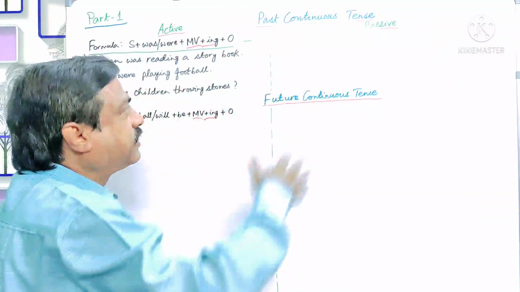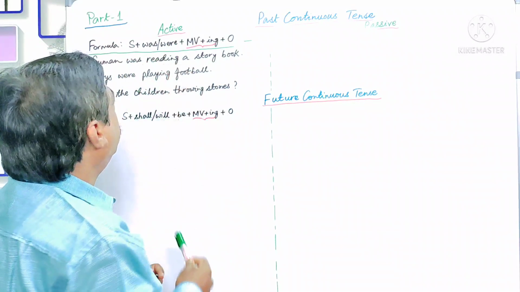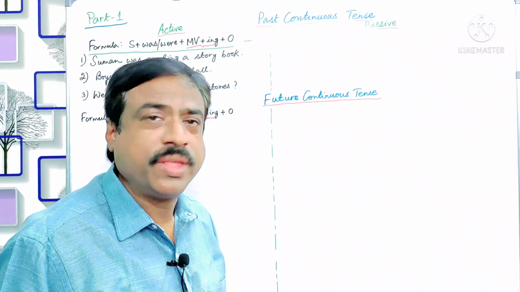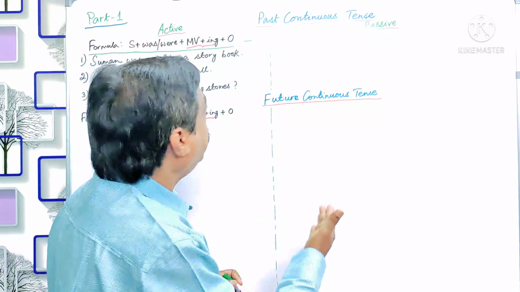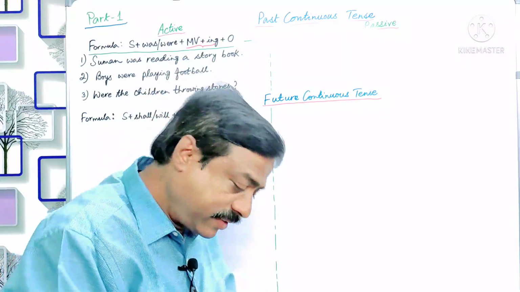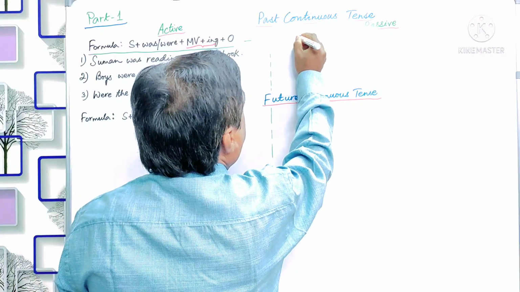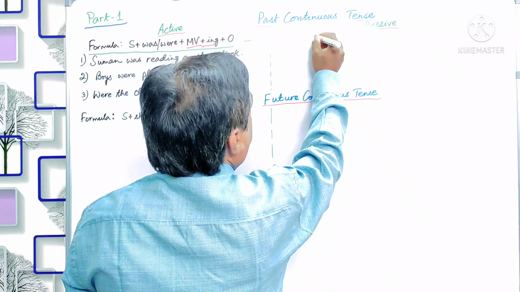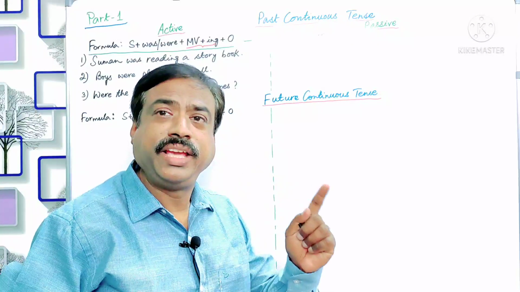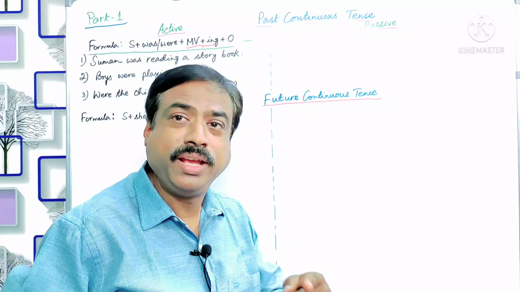Now in the past continuous tense, here in the active voice the formula is subject plus either was or were plus main verb plus ing plus object. And in the passive voice, in the past continuous tense, it will be subject plus was, were, as it is. Plus, here, I think you have remembered that mandatory being was used, so you have to use that being here also.